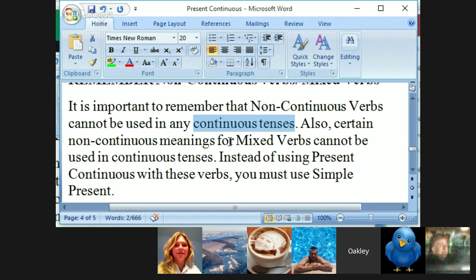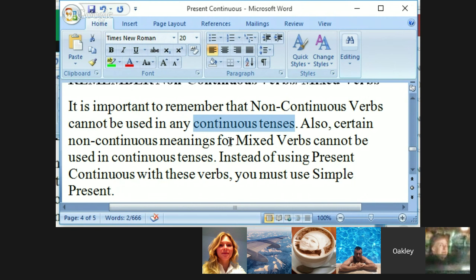Also, things that show ownership: own, have, possess. You can't say, I am possessing a car. You really are not supposed to do that in English. There are other ones, too, that have to do with, again, stative things, usually abstract things. Know. You know something. All right. You can't say, I am knowing about continuous tenses.